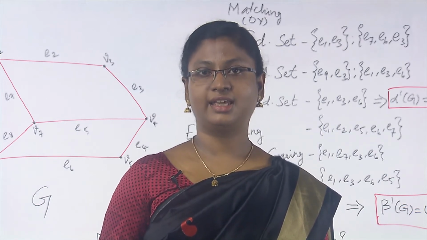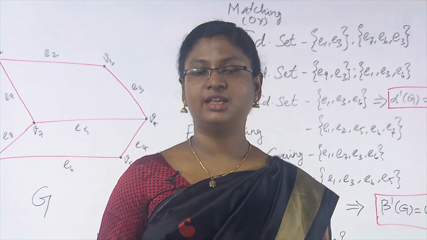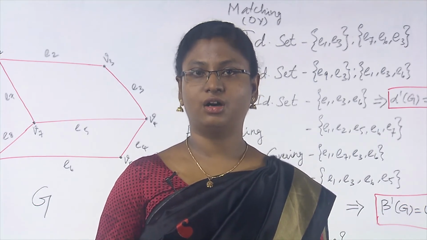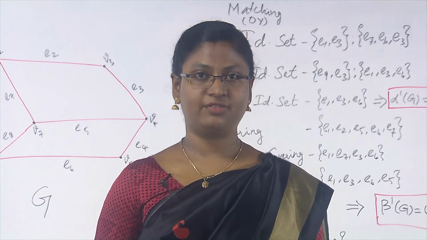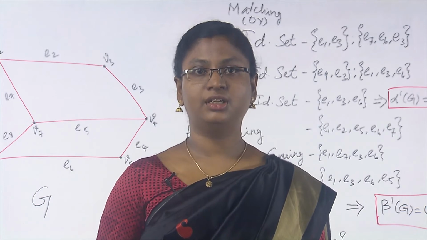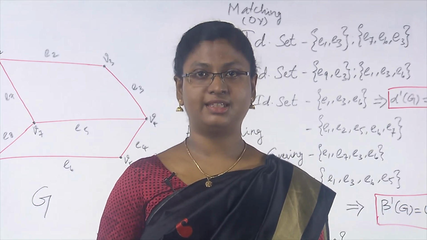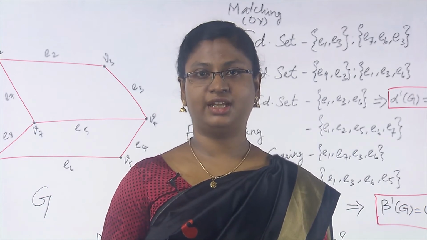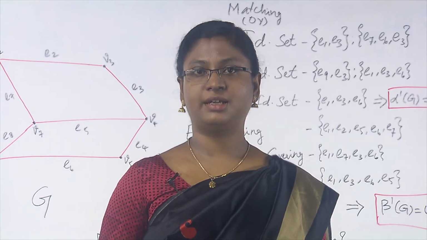A set S of vertices of G is said to be saturated by a matching M of G, or M saturated, if every vertex of S is incident to some edge of M. A vertex V of G is M saturated if the set containing V is M saturated, otherwise V is M unsaturated.